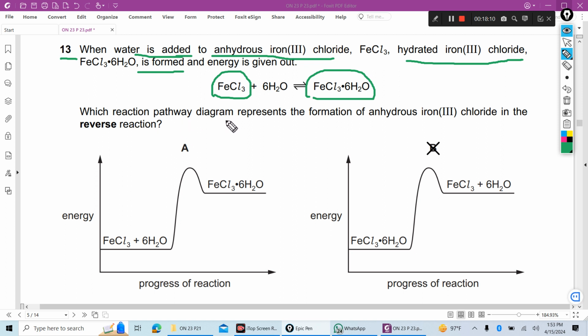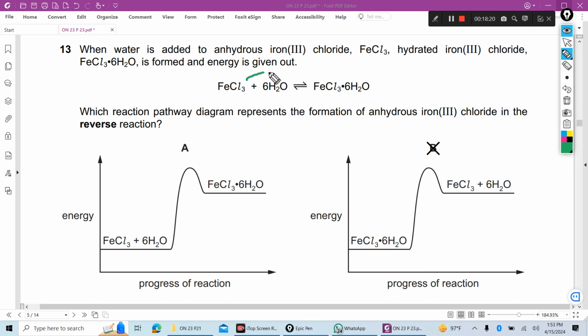Which reaction pathway diagram represents the formation of anhydrous iron 3 chloride in the reverse reaction? So this forward reaction gives out energy, so this is an exothermic reaction. So the reverse reaction will be endothermic. So B is the right answer.